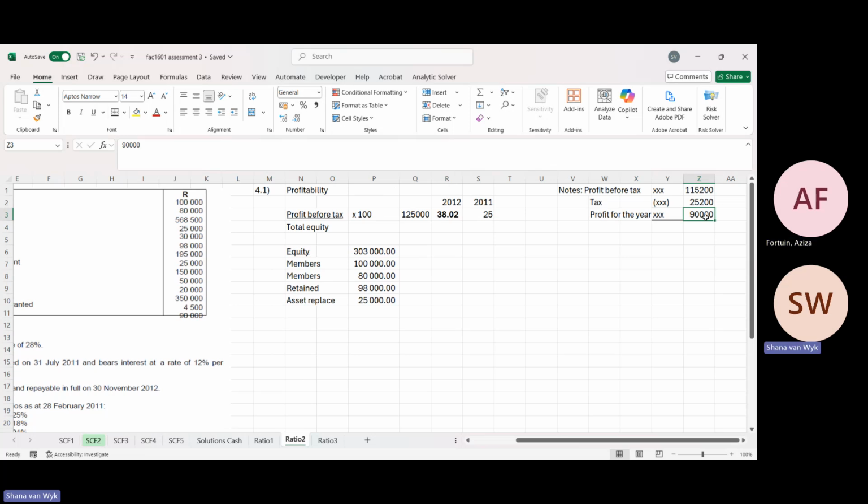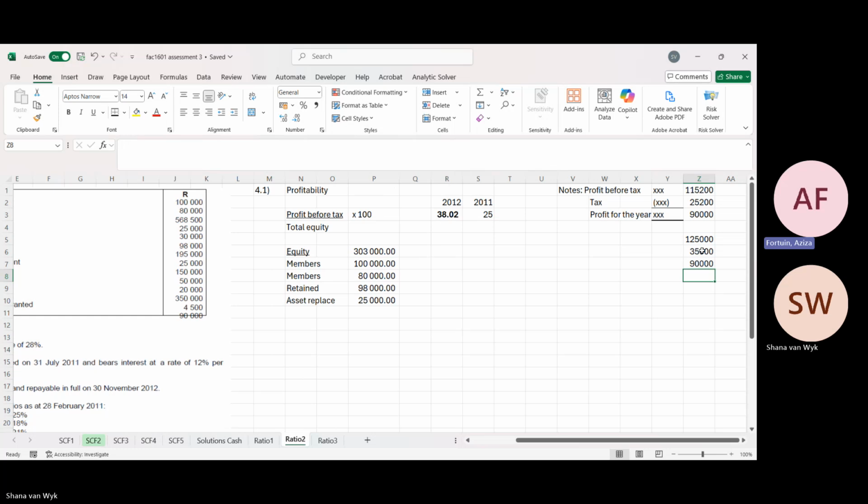Okay, wait, Aziza, let me repeat this. It was 90,000 divided by 1 minus 0.28, so 90,000 divided by 72% is 125,000. Now 125,000 times 28% is 35,000, and if you minus it, you get 90,000.